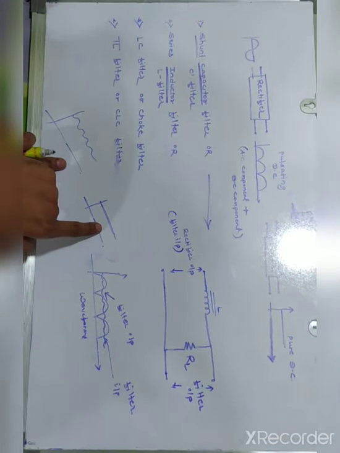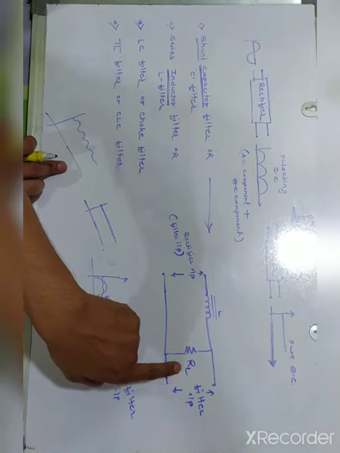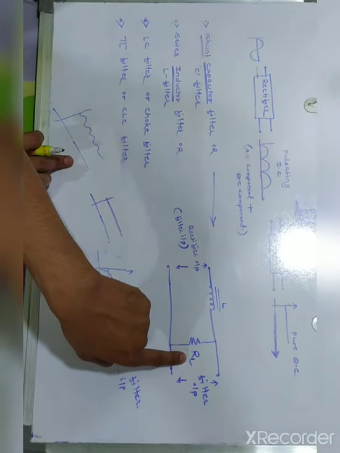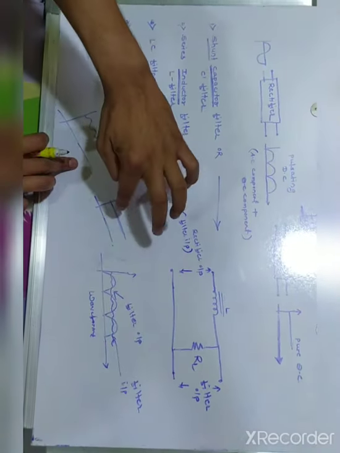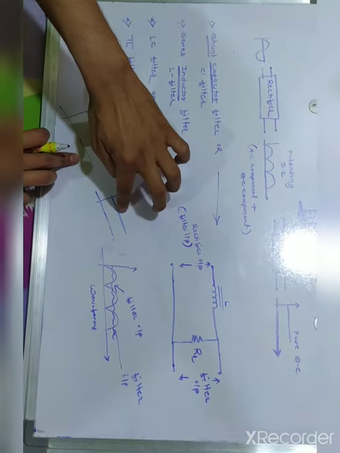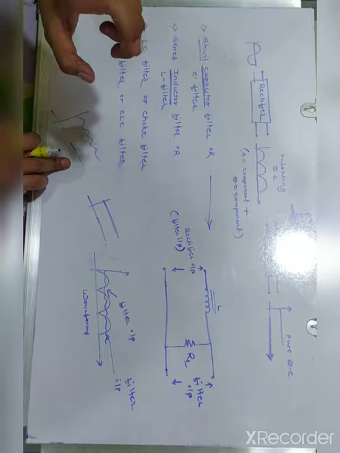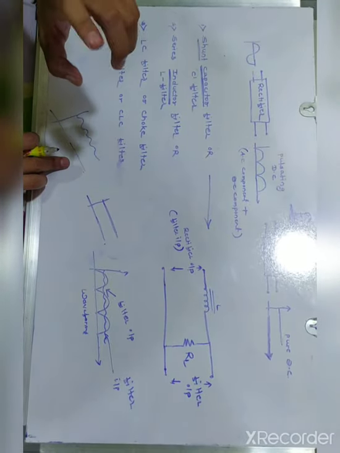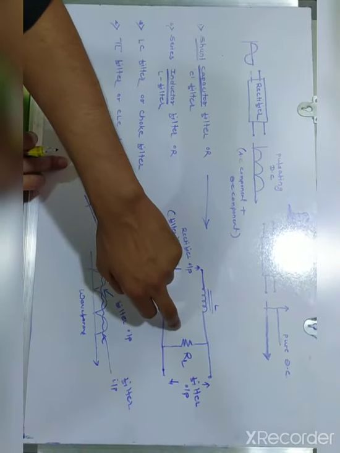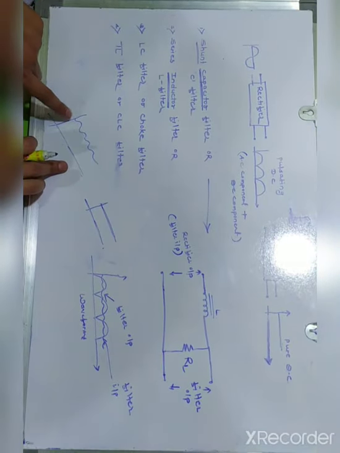But you want pure DC. Suppose you are using a speaker and you want pure DC for it, and you are not getting that, you are getting this kind of signal. That means there is a noise problem, and you can't hear the speaker properly after getting that signal.